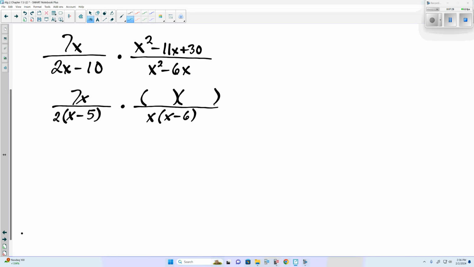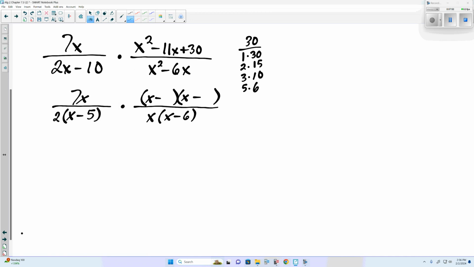Now when we look at this here, we're looking at the third term. If the third term's positive, the signs are the same and match the sign of the middle term, which is negative and negative. Our factors of x squared are x and x. Now our factors of 30 are 1 and 30, 2 and 15, 3 and 10, 5 and 6.